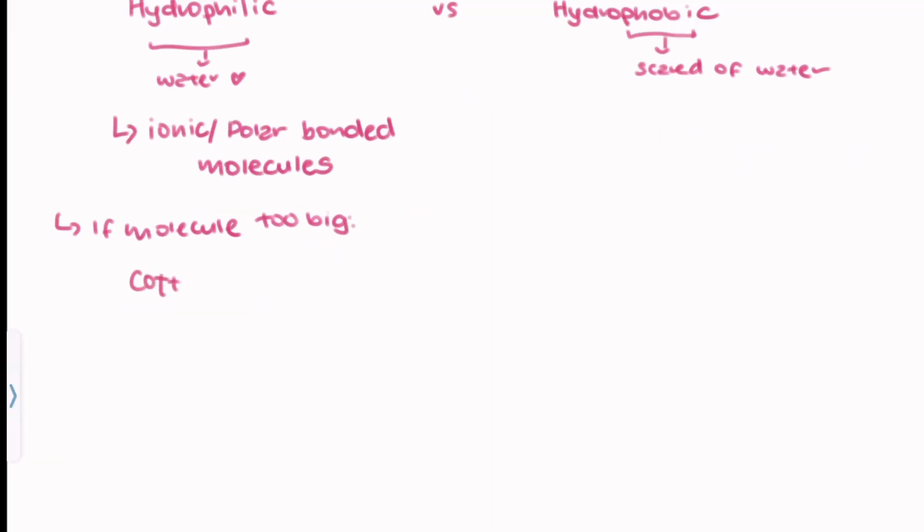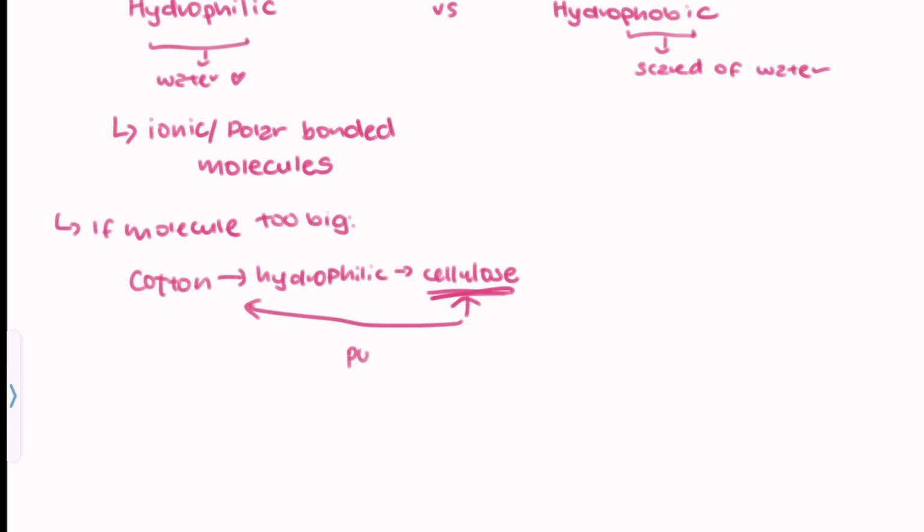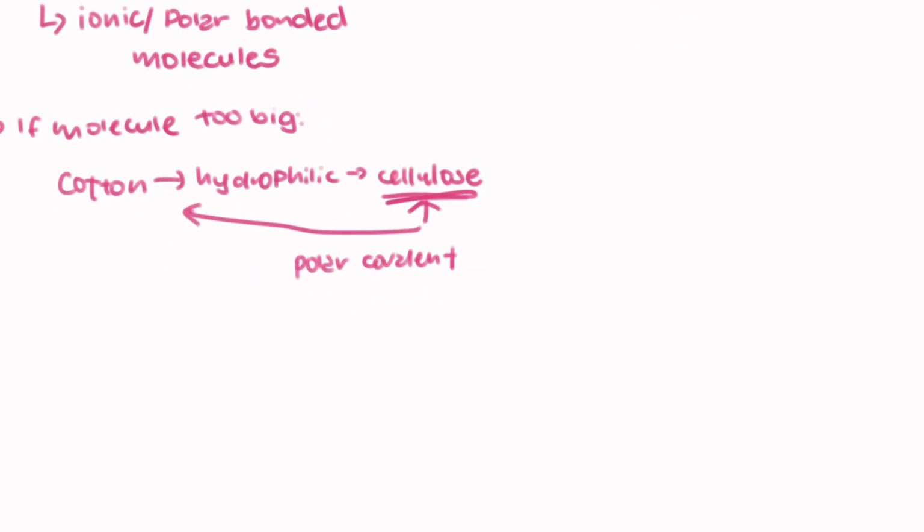So we know cotton is hydrophilic because of cellulose, which is the main content. And cellulose in cotton has a lot of polar covalent bonds. The problem is that cellulose is a macromolecule. It's a very big molecule.